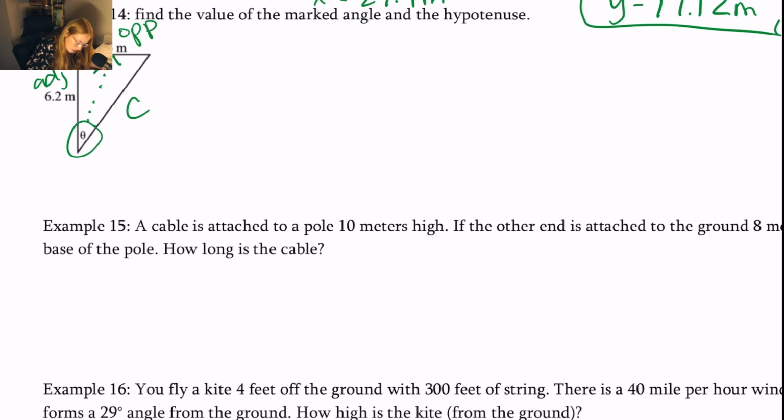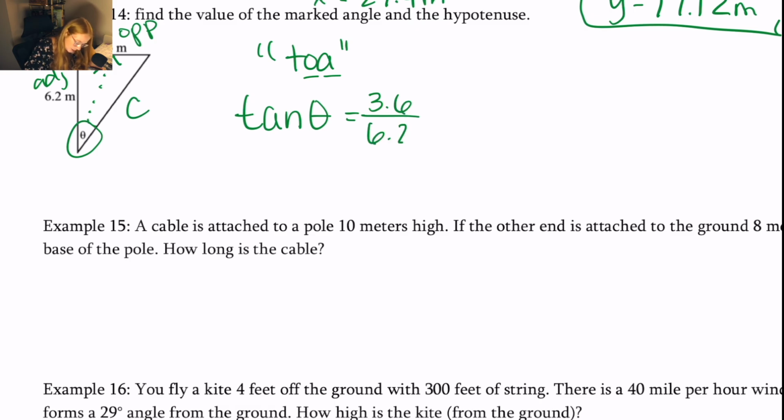So let's do tangent, TOA. Tangent of the angle, and I don't know the angle, and it's opposite over adjacent. So opposite first, 3.6, adjacent next, 6.2.